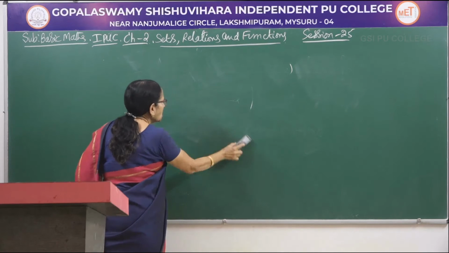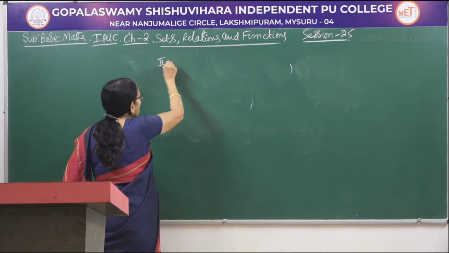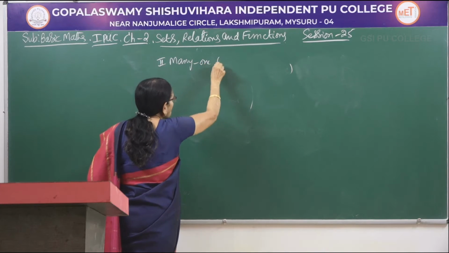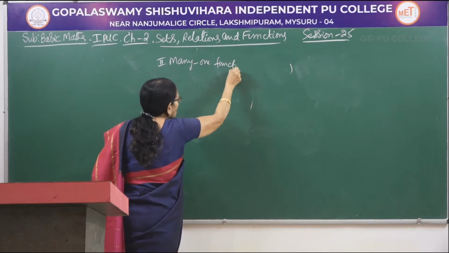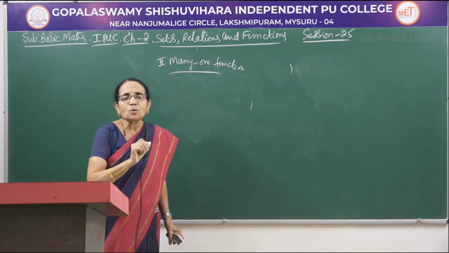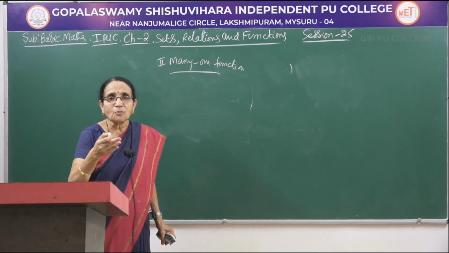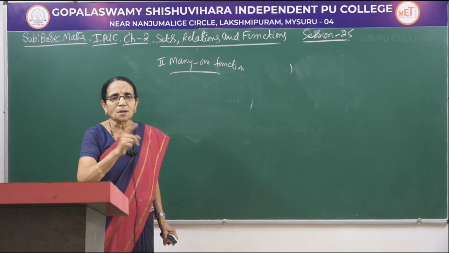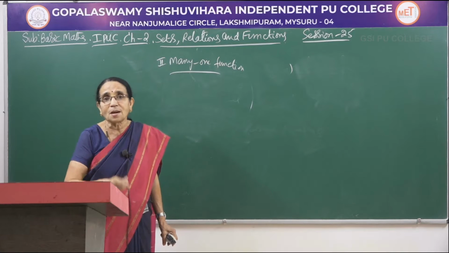Now, the next type of function we call many one. It is called a many one function. See, these names have been given in such a way that by looking at the name you will know the definition of the function. 1-1 means one element, one image, second element, second image, like that.